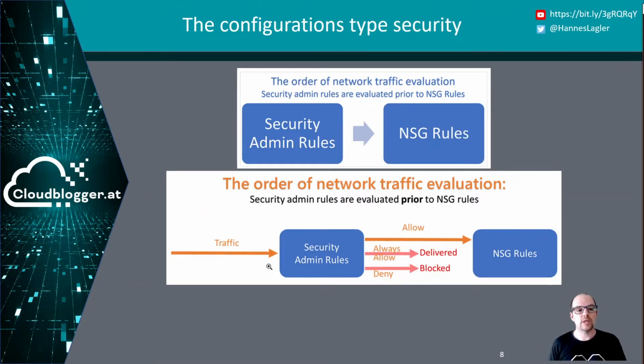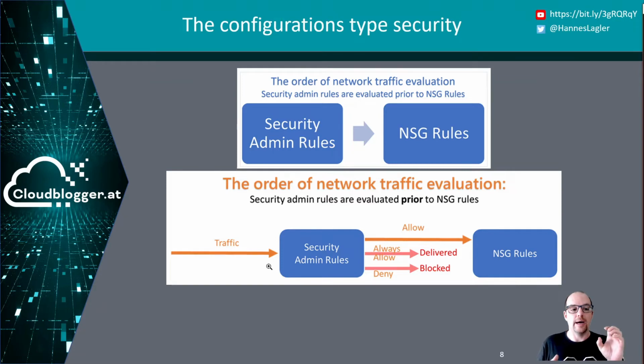Okay, the second option you have is the type security. Here, the security perspective doesn't mean you change network security rules. No, you have a separate option named admin rules, and the benefit here is network security rules start at priority 100 up to 4096, and Azure security admin rules start at priority 0 up to 100, for example.